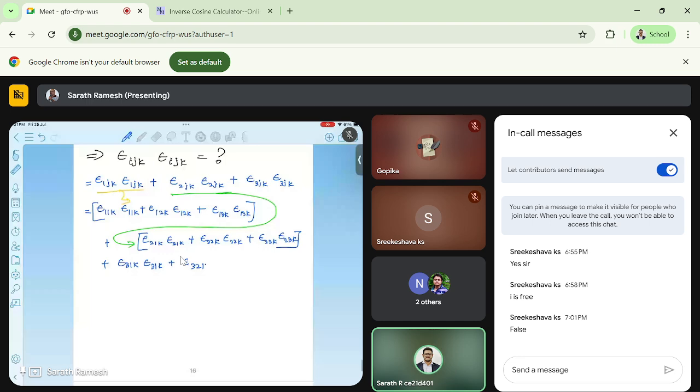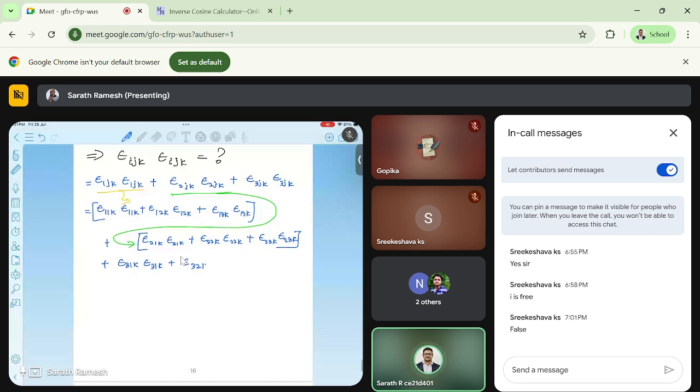of expression. So what will happen to this first term? Epsilon 11k, can someone tell what will happen to epsilon 11k? It will be 0, because 1 is repeating one more time. How about the second term, epsilon 12k?